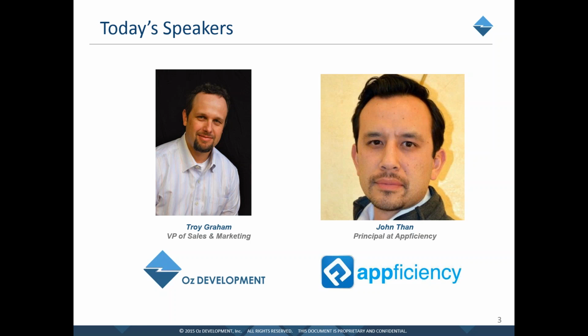Sure. Thanks, Troy. My name is John Than. I'm one of the principals and the founder of Appficiency. I was previously with NetSuite for over 6 years in solution consulting, managing distribution and manufacturing verticals for NetSuite. As an Appficiency company, we've worked with dozens of customers, and we have the privilege of working long-term with customers to provide expertise where they may not have the technical bench or depth to manage it themselves.